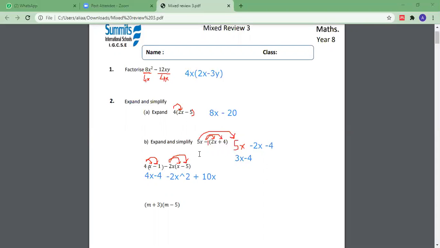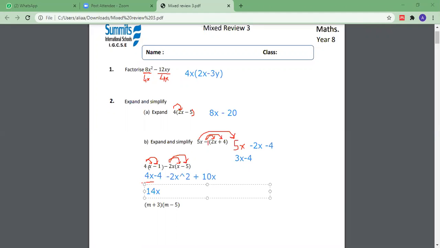Okay, now I finished expanding, but there's one step missing, collecting like terms. Where are the like terms? I have 4x here and I have 10x here. Okay, so it will be 4x plus 10x will be 14x.